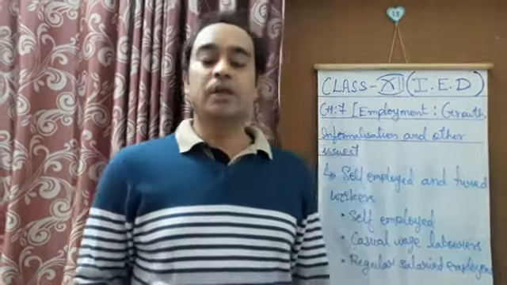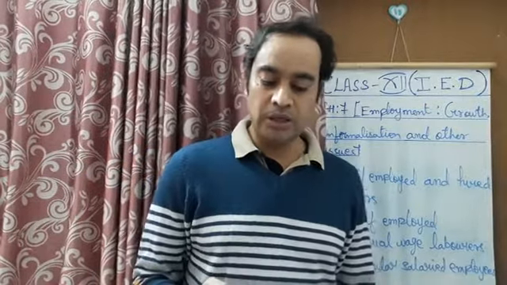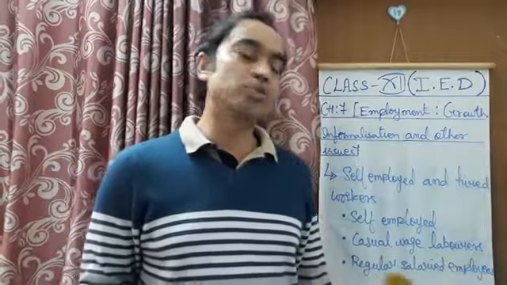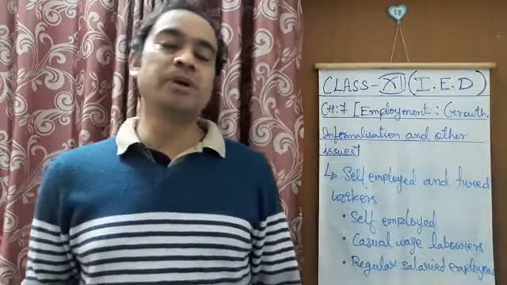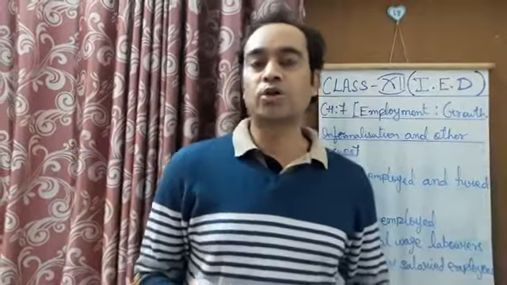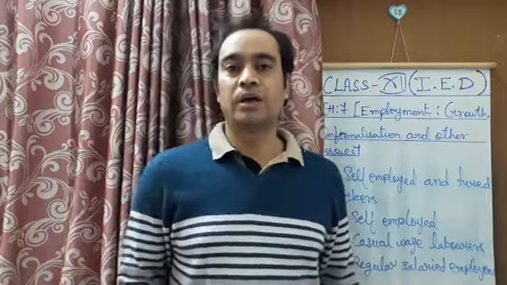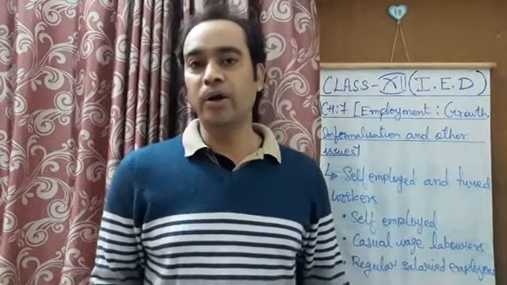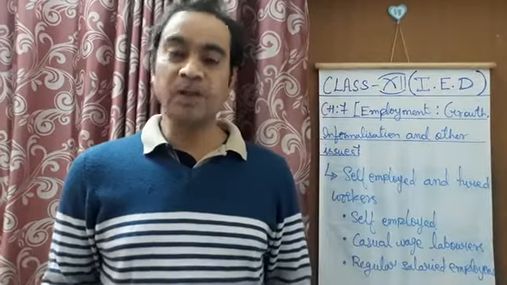Secondly, the construction worker. If we talk about the construction worker, then this worker is coming into the category of casual wage laborer. So casual wage laborers are those who are not employed permanently, but they get work in a month for a few days, and after that they are again unemployed, like this construction worker.